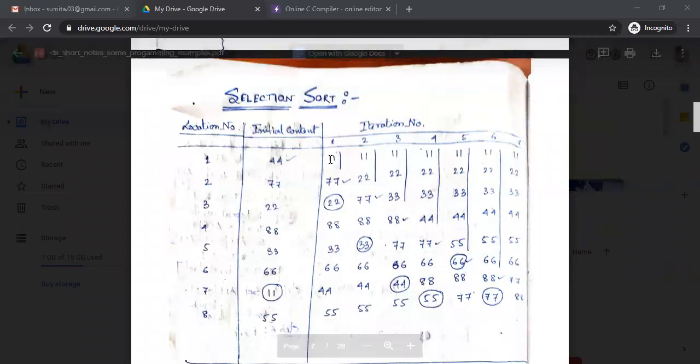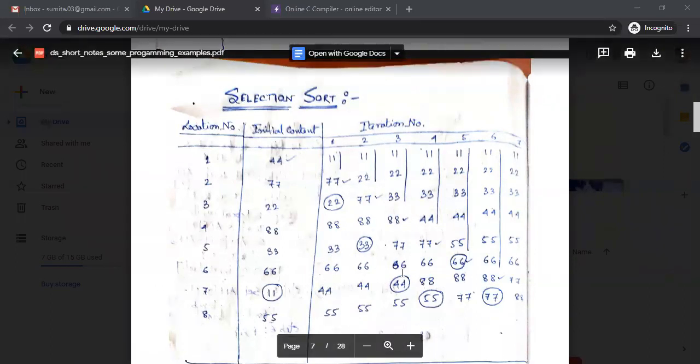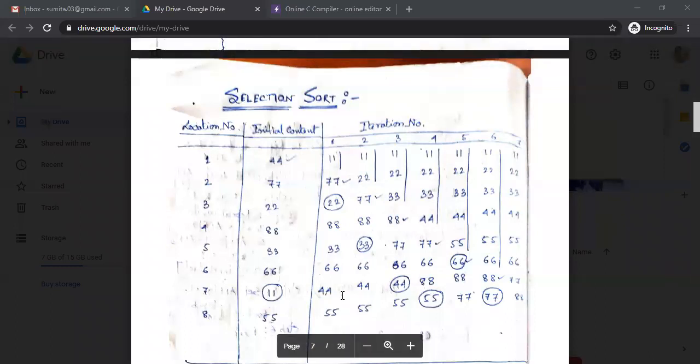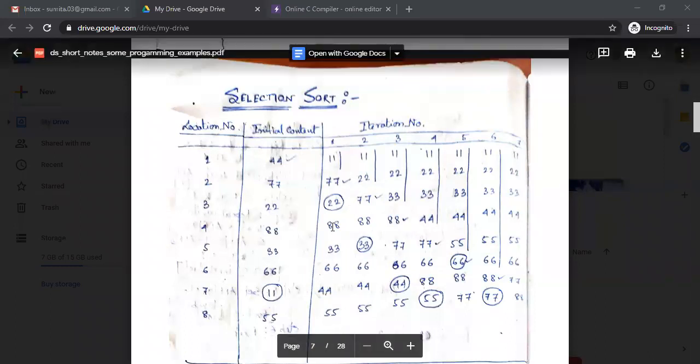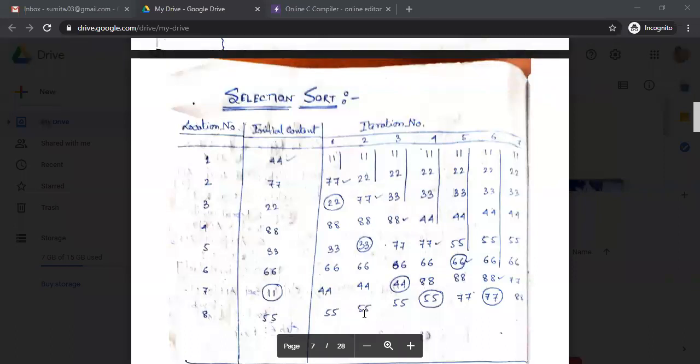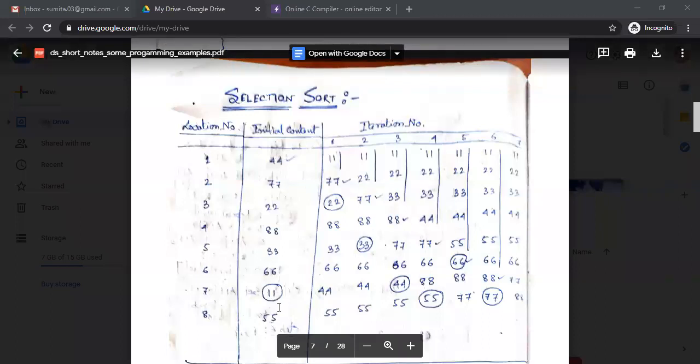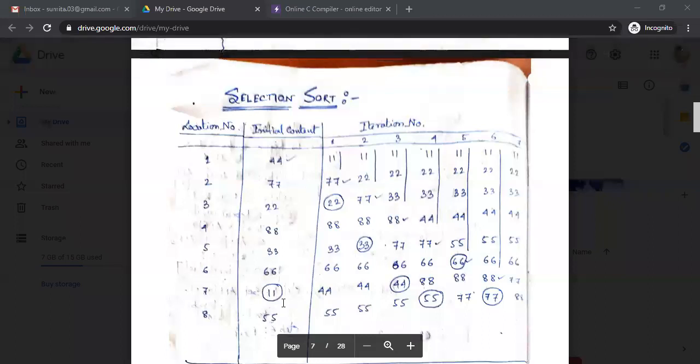See, 11 moves to this place and 44 moves to this place. But the rest of the elements are the same. The rest of the elements are where they were, there is no change in iteration number 1. After finding the smallest one, you compare the first value with that smallest value.